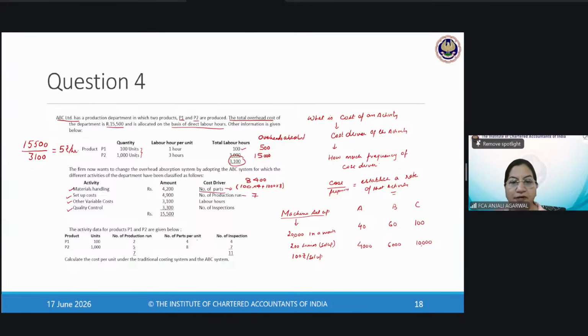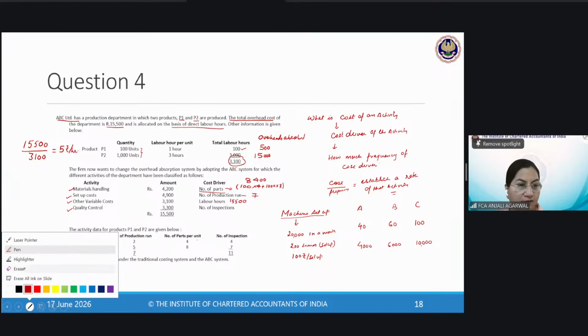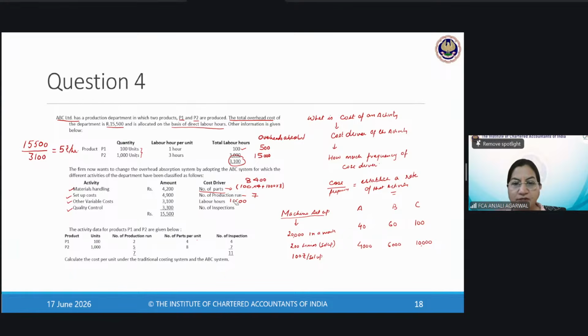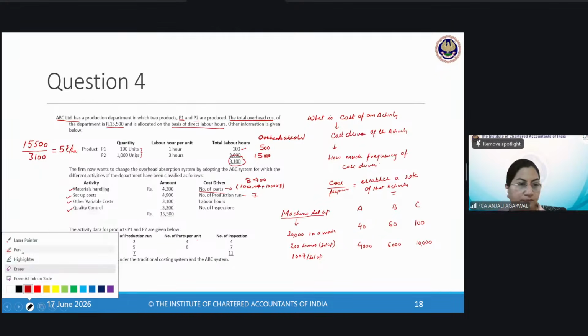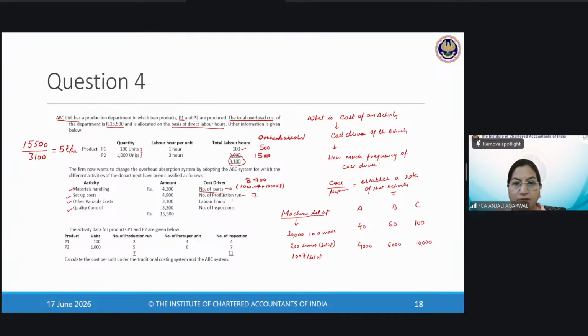Labor hours already mentioned, 3,100. Sorry, 15,500 is the total cost. Number of inspections is also not per unit but in total: 4 times inspection was done for P1 and 7 times for P2.